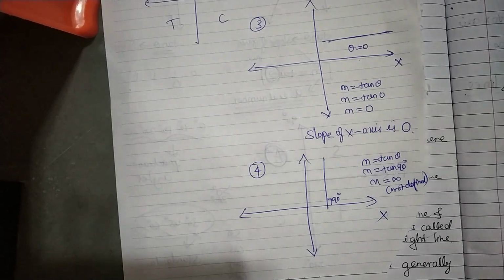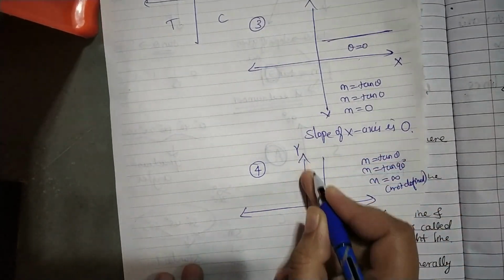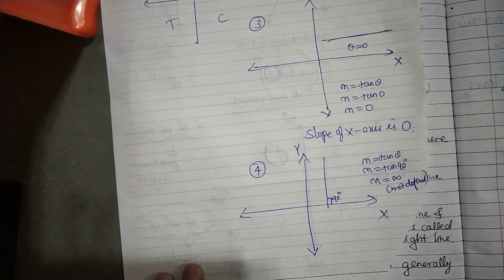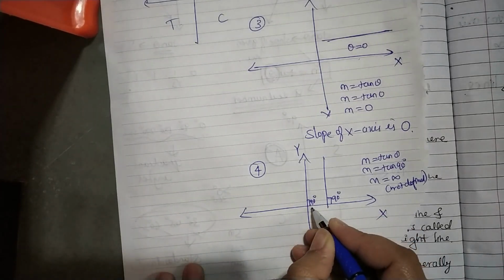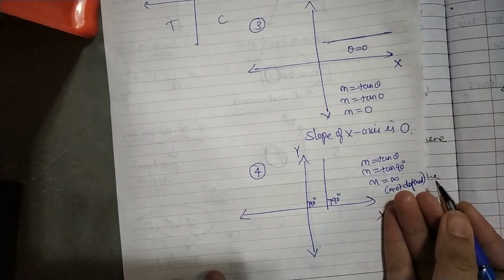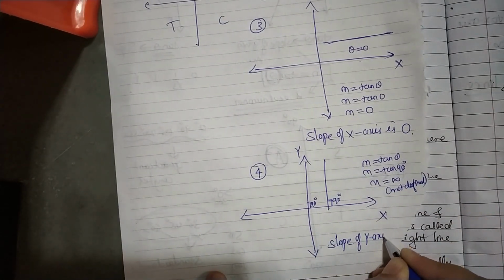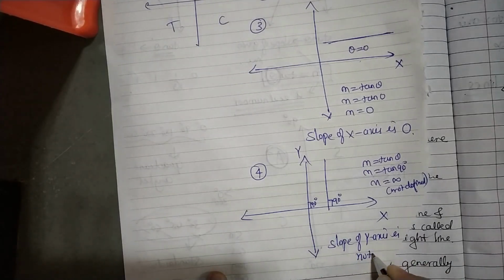Infinity. Okay, in particular, y-axis is always perpendicular to x-axis, therefore the angle between them is 90 degree. Therefore slope m is tan 90 degree, which is not defined. Therefore, we can say that slope of y-axis is not defined.